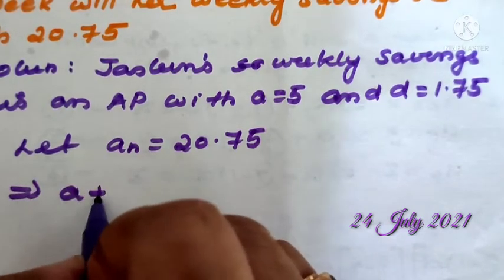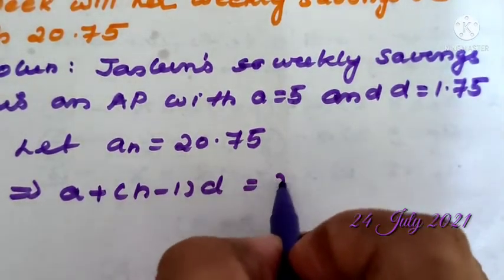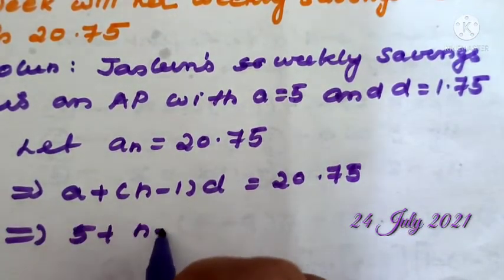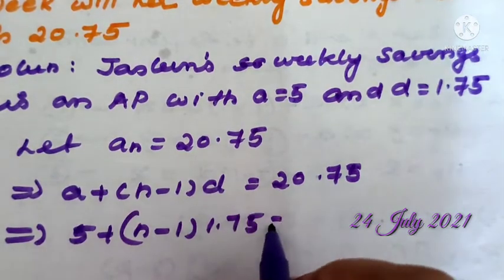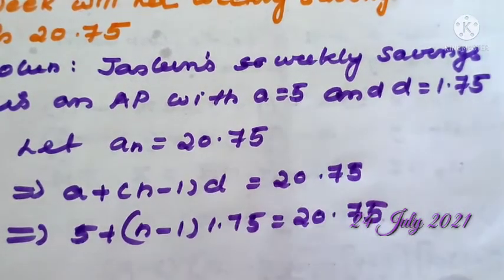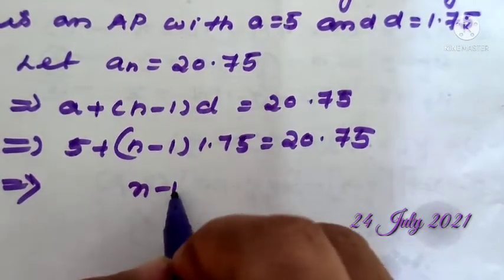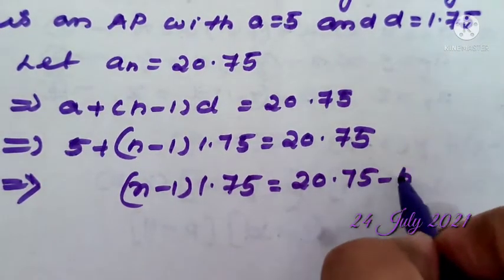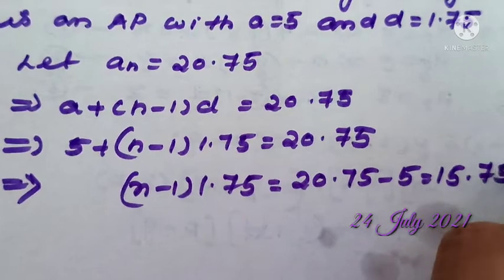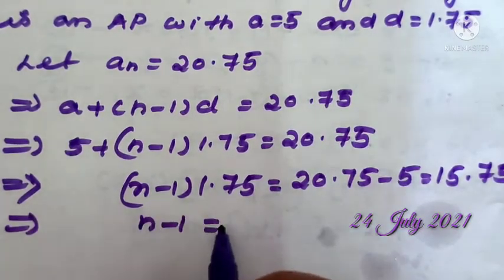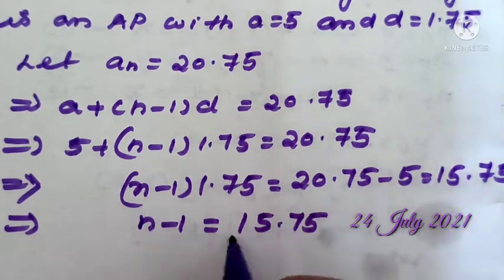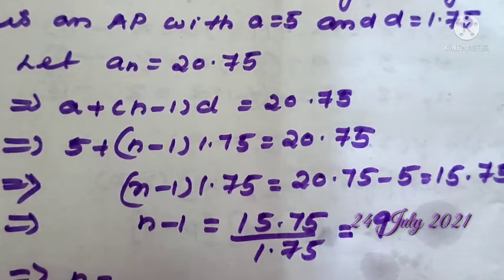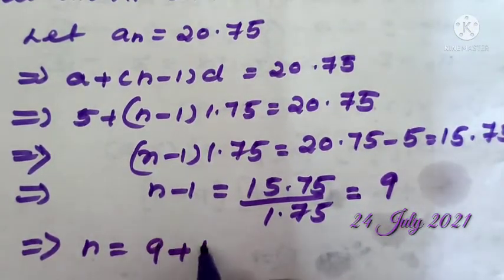Implies a plus n minus 1 into d equal to 20.75. 5 plus n minus 1 into 1.75 equal to 20.75. n minus 1 into 1.75 equal to 20.75 minus 5 equal to 15.75. So n minus 1 equal to 15.75 divided by 1.75, which is equal to 9. Therefore n equal to 9 plus 1 equal to 10.